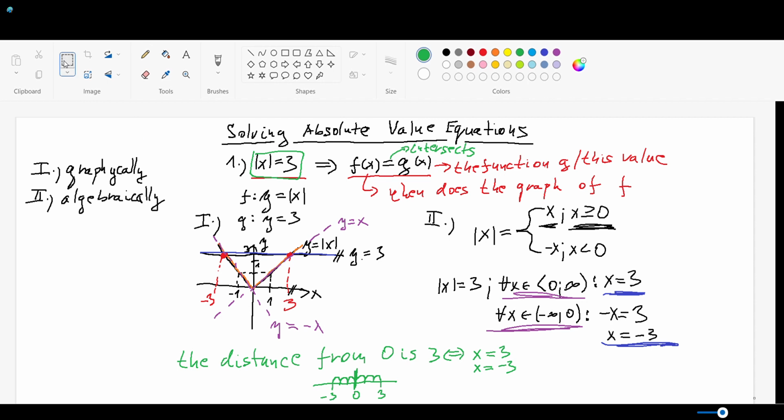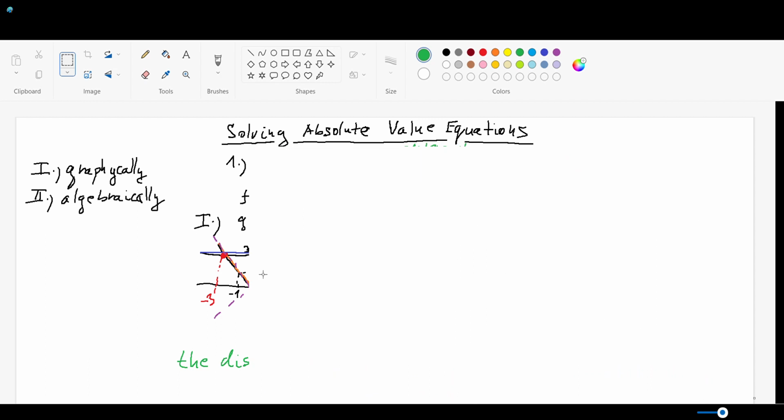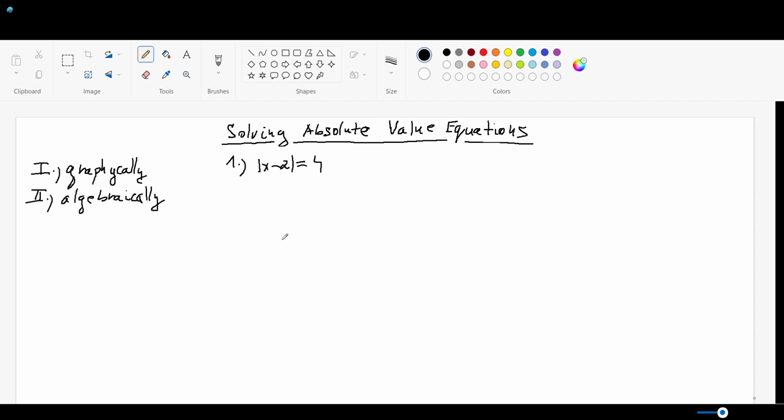Let's have a look at a little bit more complex example. But first of all, I need to delete all this so that I can use my screen again. So let's have a look at a more complex but still very easy equation, which is the absolute value of x take away 2 equals 4.